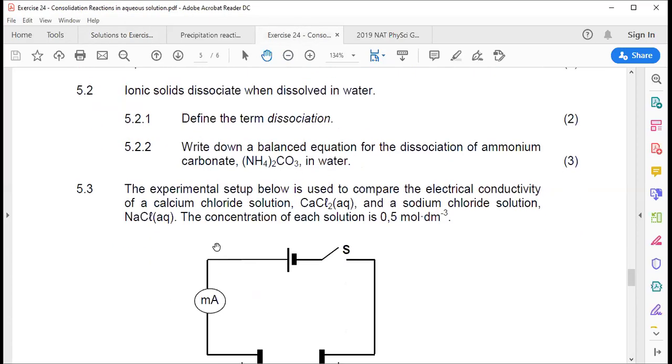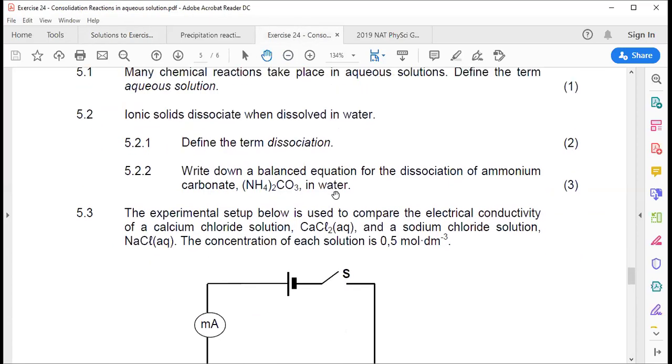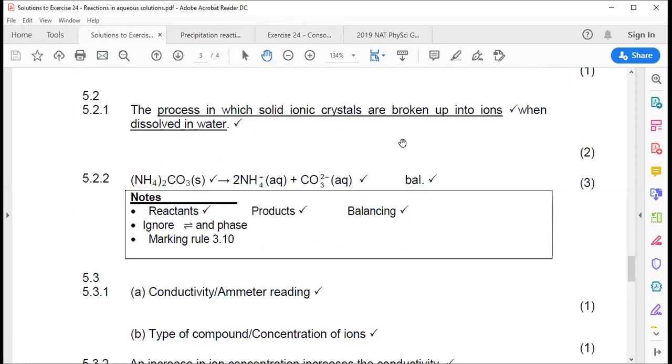The next one says 5.2.2. Write down a balanced equation for the dissociation of ammonium carbonate, which is (NH4)2CO3, in water. We've done this before.